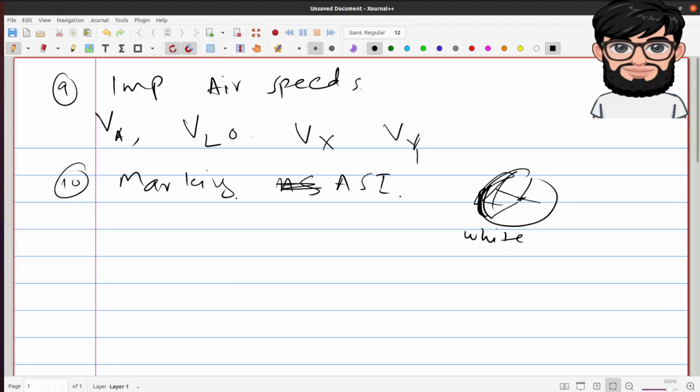Then you have the lower limit of the white arc, VSO, which is the stall speed in landing configuration. Then we have the upper limit of the white arc, which is the maximum flap extension speed. The green arc is the normal operating range, and the lower limit of the green arc is the stall speed in clean or specified configuration.